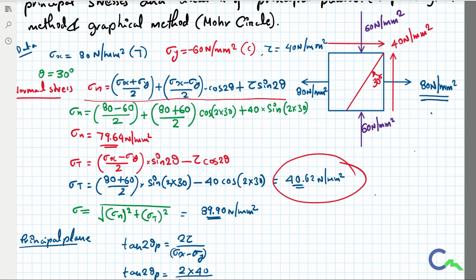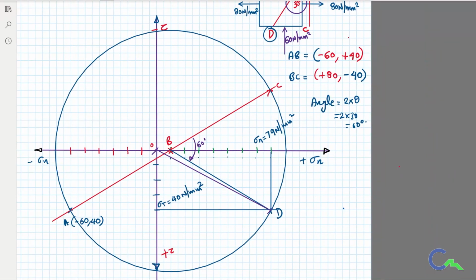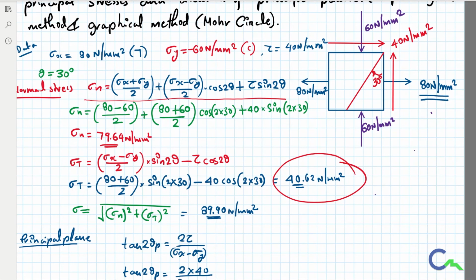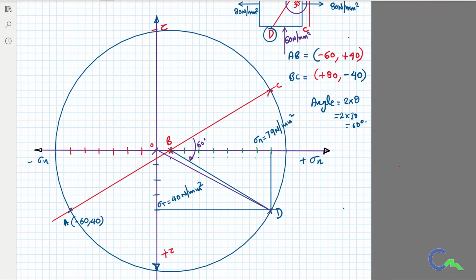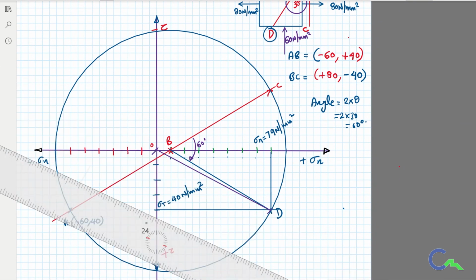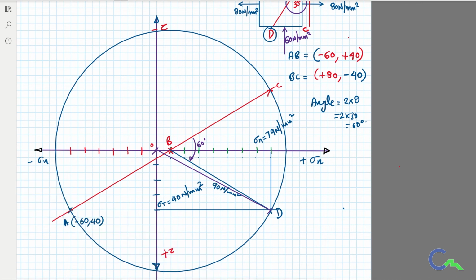The resultant I cannot measure here since it is digital. If you measure this line, you should get around 89 or 90 Newton per millimeter square. So that is about the oblique plane.